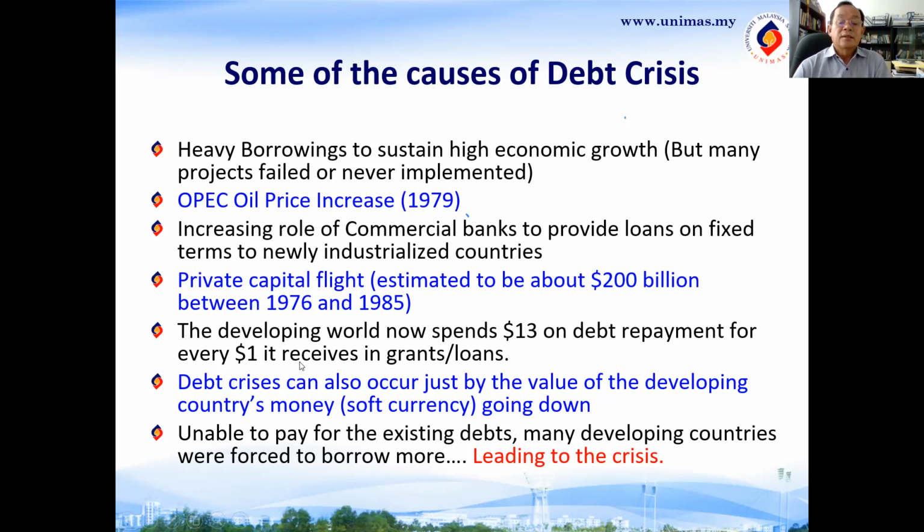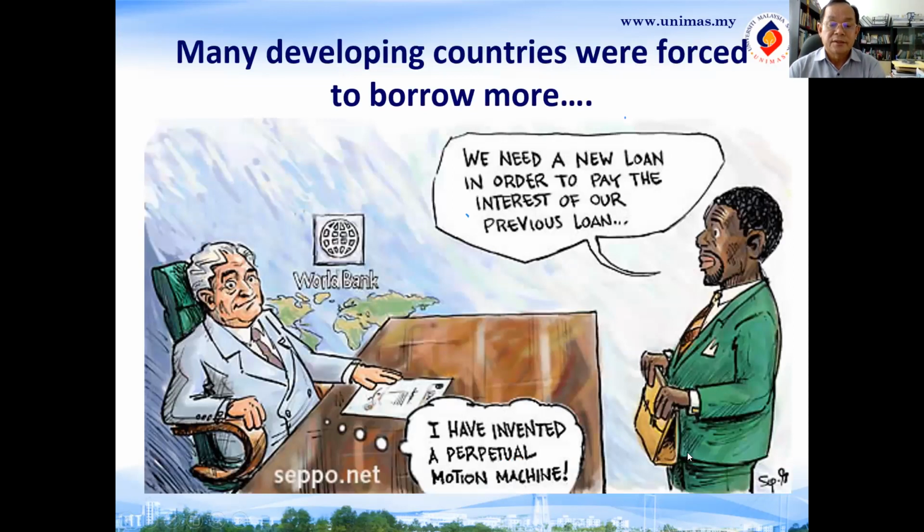Private capital, and also the repayment for debt, and so debt crisis can also occur from the value of the developing countries' currency, tadi, itu saja boleh menyebabkan masalah, di mana nilai mata wang itu telah berubah. So unable to pay for existing debts, many developing countries were forced to borrow more, and that is the leading to the debt crisis.